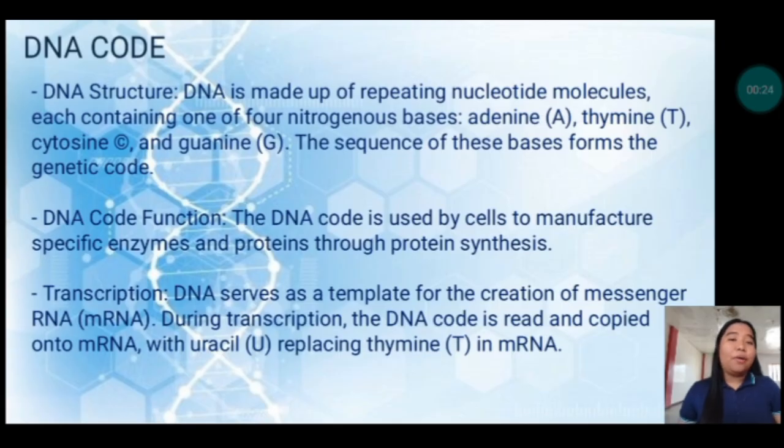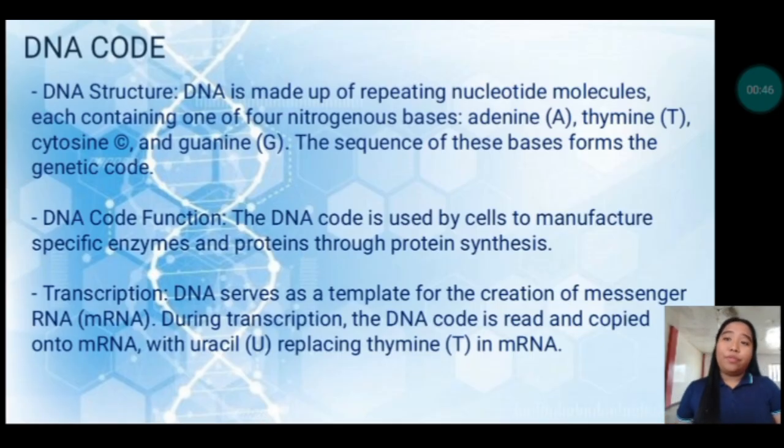So the cell is what makes our protein. And protein is what builds the parts of our body, like our eyes, our teeth, or our skin, something like that, etc. So let us now discuss the DNA structure.